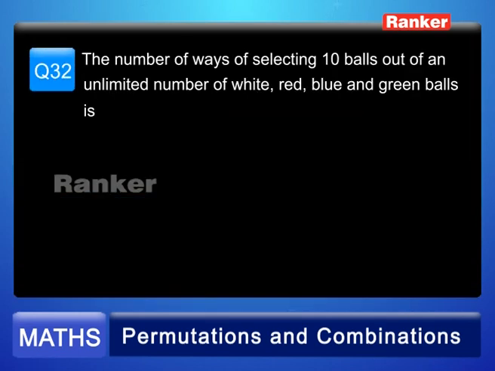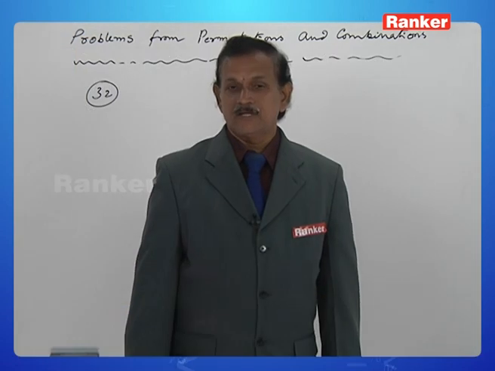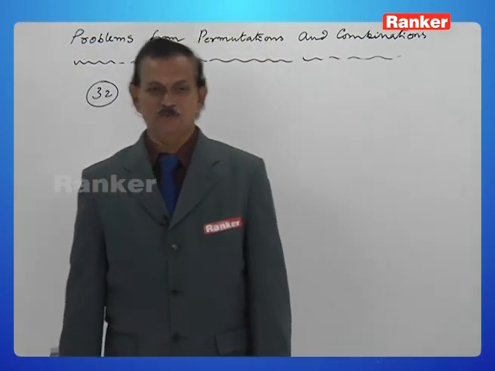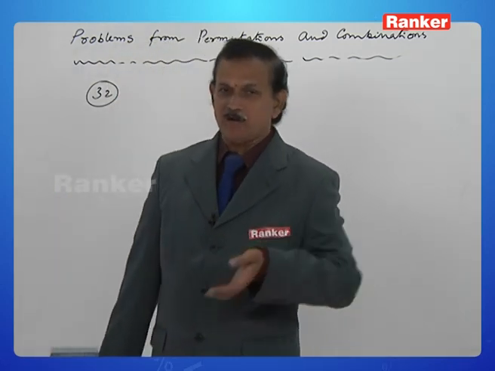The next question is question number 32. The question is: the number of ways of selecting 10 balls out of an unlimited number of white, red, blue and green balls is. Total number of balls to be selected is 10. So how many different kinds of balls are there?